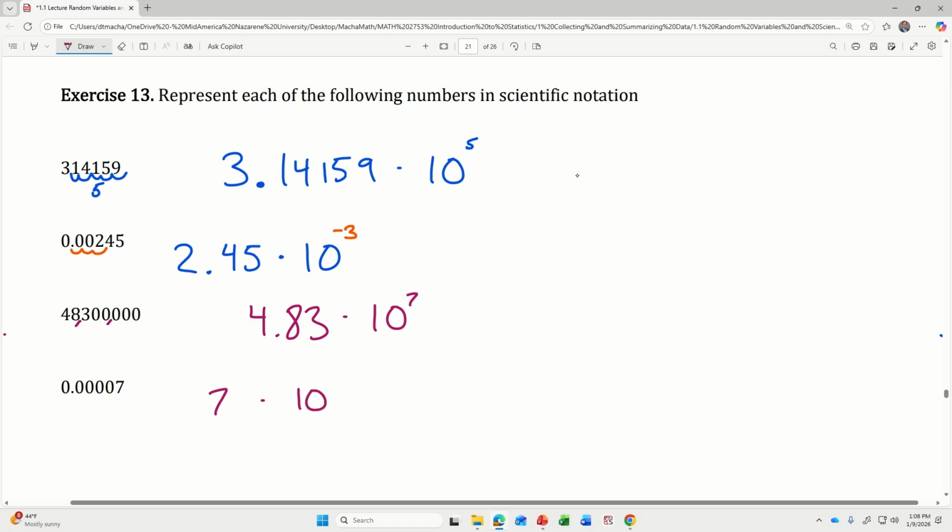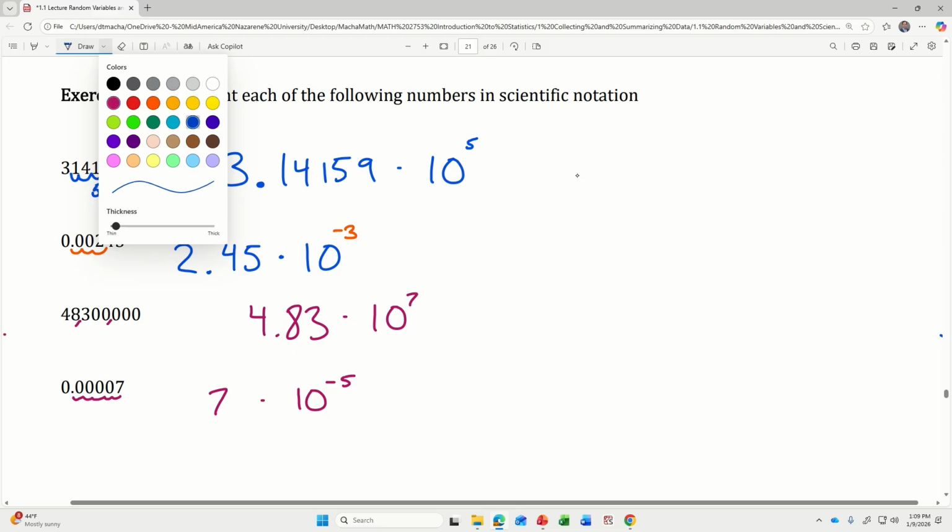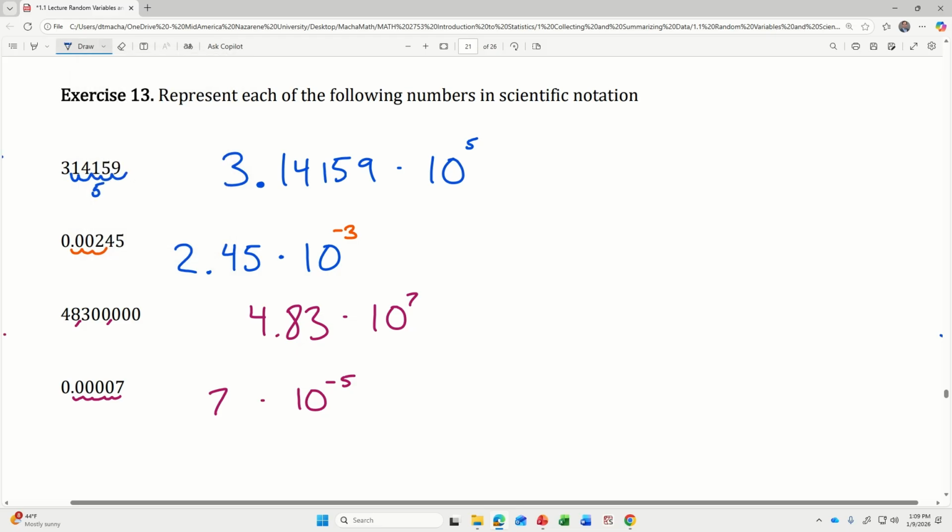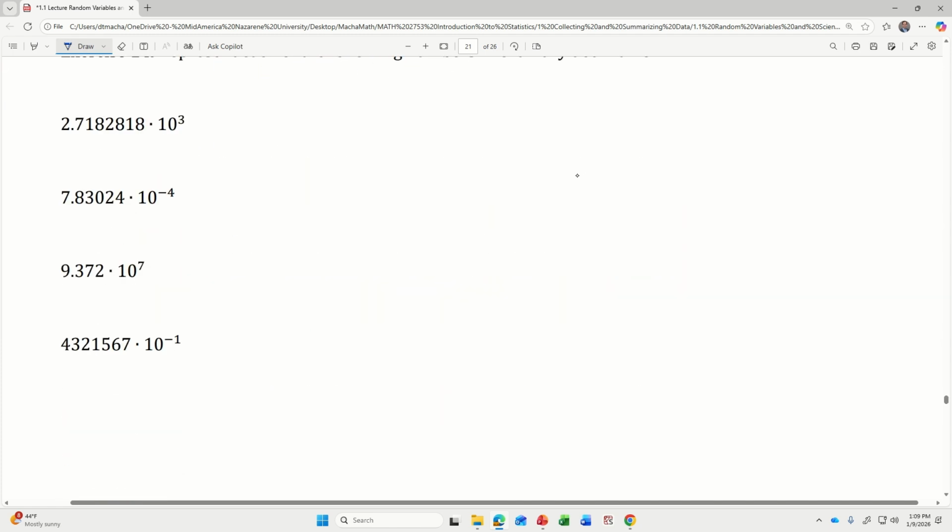That's 7 times 10 to the power -5. But that's okay. I know it's small and far away, so it's hard to count zeros. Tough to count zeros. Okay, but everyone gets the feel for this? Any questions about how to do this? Okay. Stop me, raise your hand if you have questions.